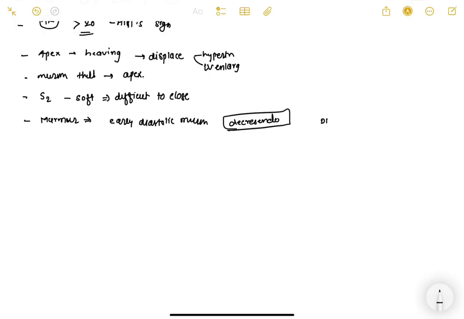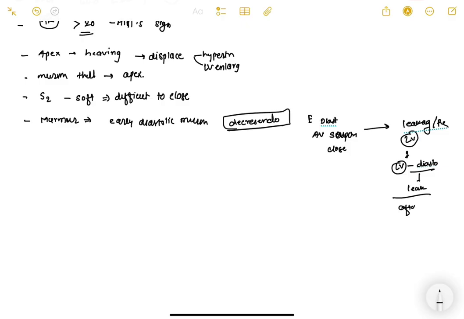So how exactly is it a decrescendo? At early diastole, the aortic valve is supposed to close, but it doesn't. So there is a leakage or regurgitation to LV, right? As soon as LV starts in diastole, there is leakage.